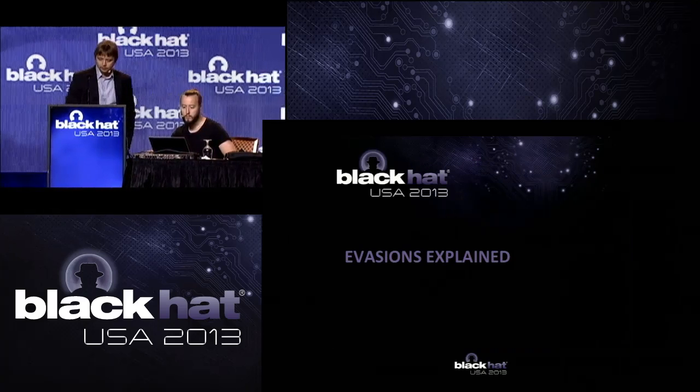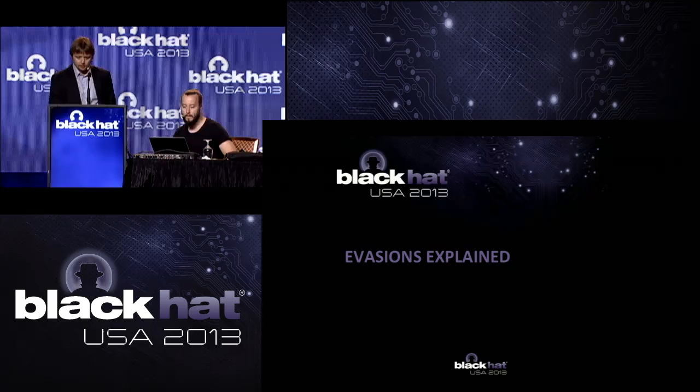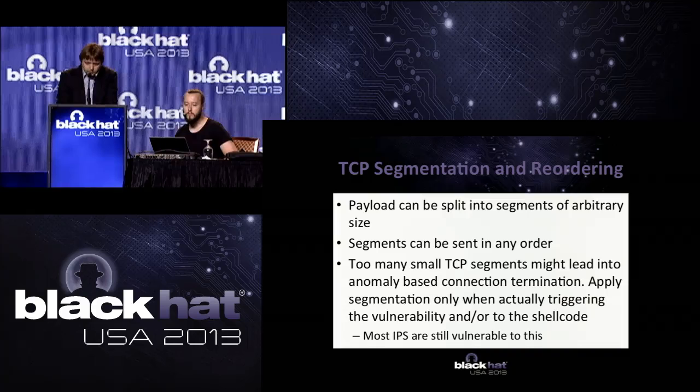Next I will explain some of the evasions that we have been testing with many vendors. The first one is TCP segmentation and reordering. This one is really simple. We can split the hostile payload into small segments of arbitrary size.